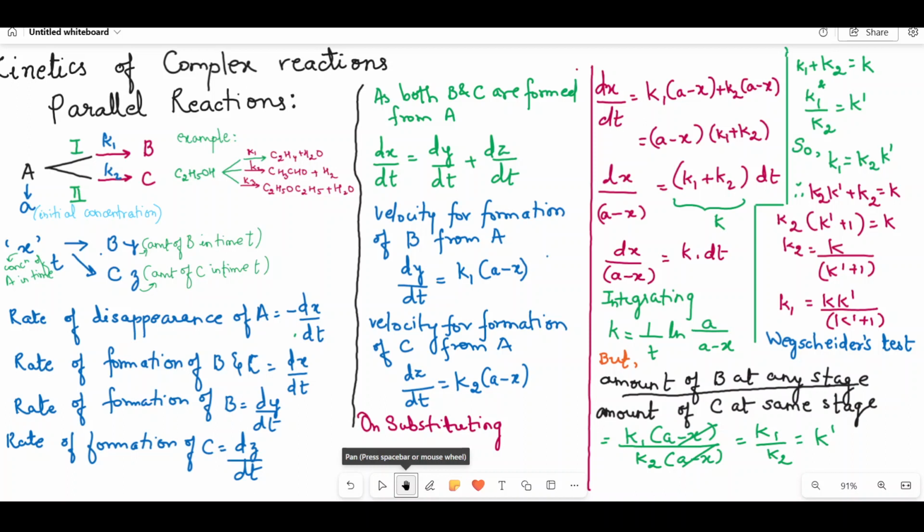Now this test states that the ratio of amount of substances formed in parallel reactions is independent of time, provided that the order of both the reactions is the same.